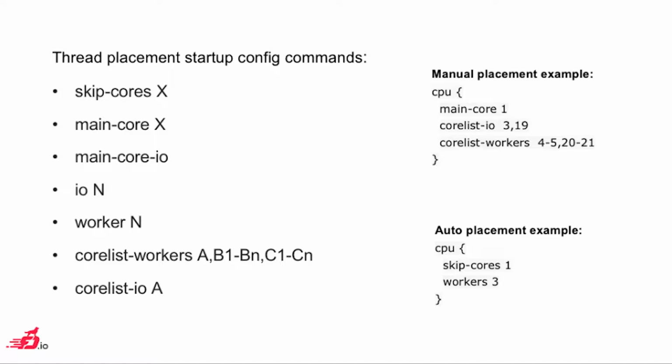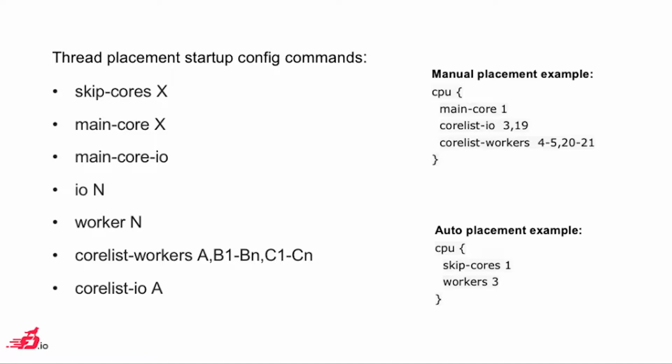And then we want to have 4 worker threads, which are 4, 5, 20, and 21. So this is the fully flexible way where you can say exactly what you want to run on which CPU core. Auto placement is for when you have a system only for VPP and you just say, give me 5 workers, and I am using everything for VPP.